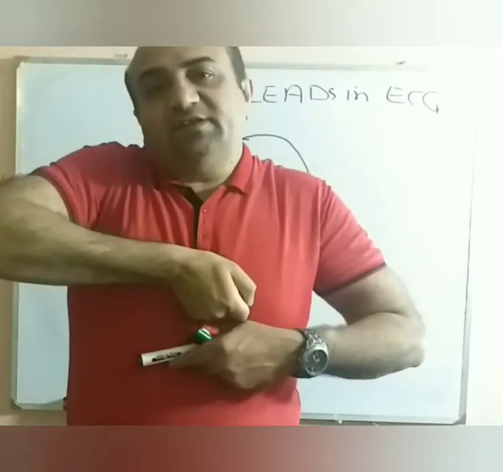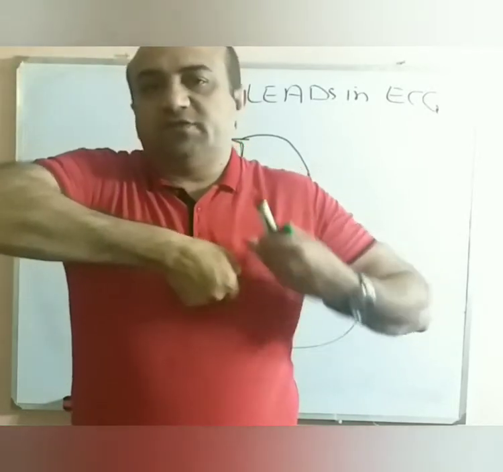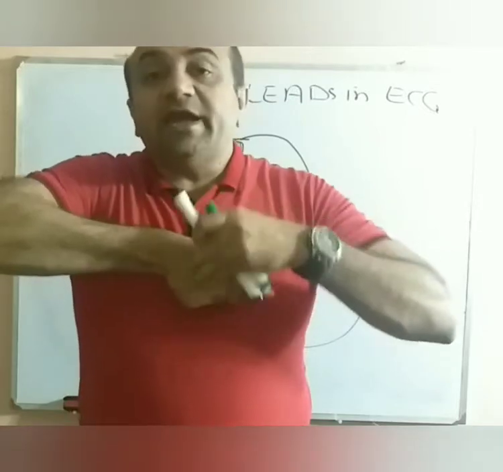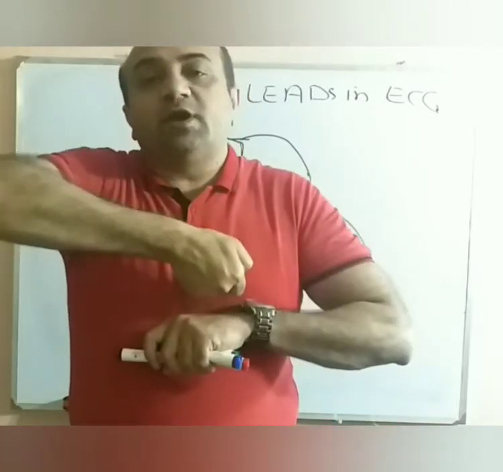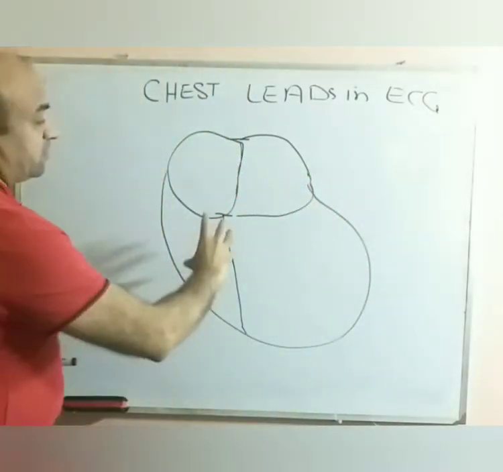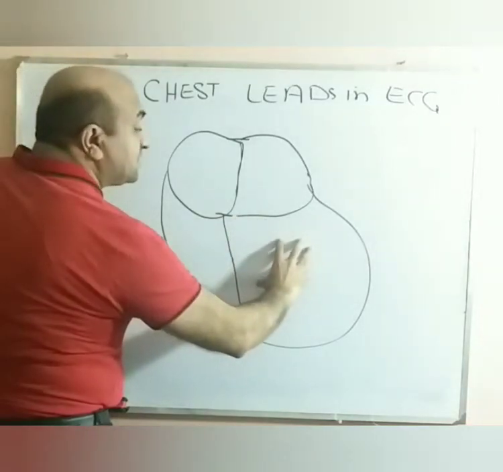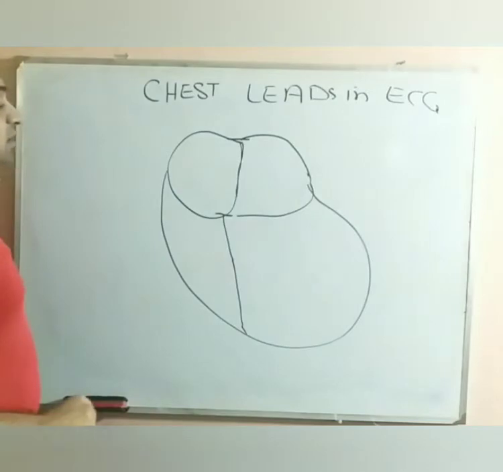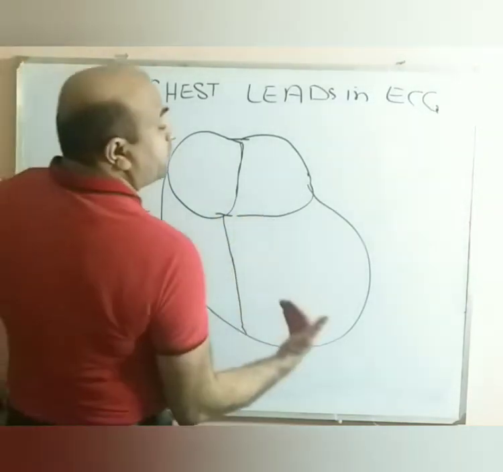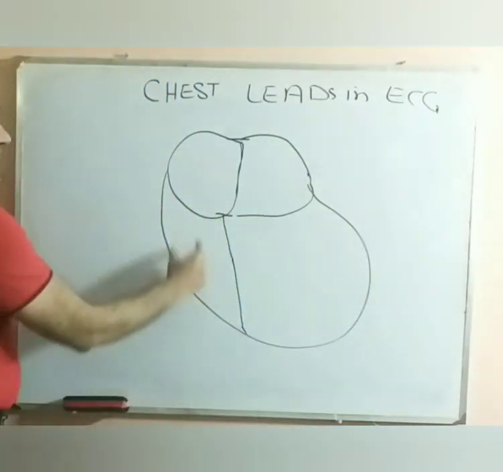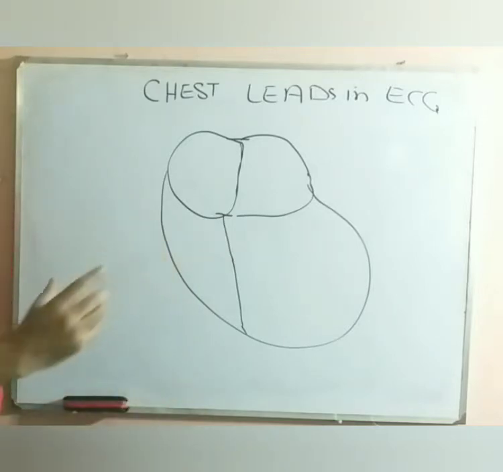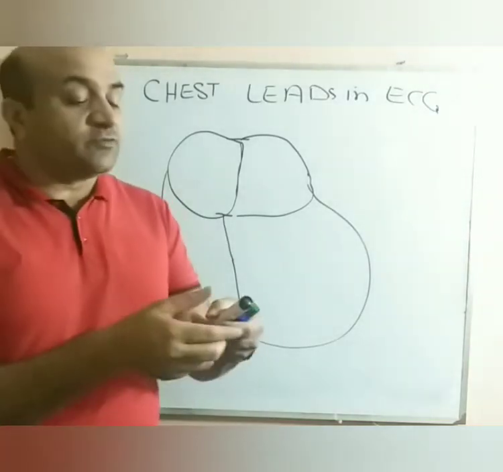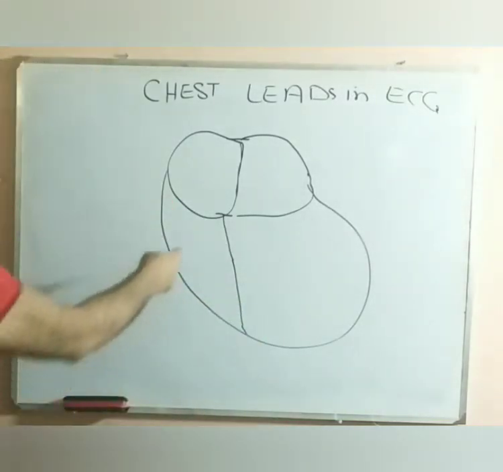It is placed like this, that this is the inferior wall, this is the lateral wall, and this is the anterior wall. It is placed more like a fist. So the major portion of the heart is represented by the left ventricle, which is lying sort of posterolaterally, and this small part is represented by the right ventricle, and this is the septum.